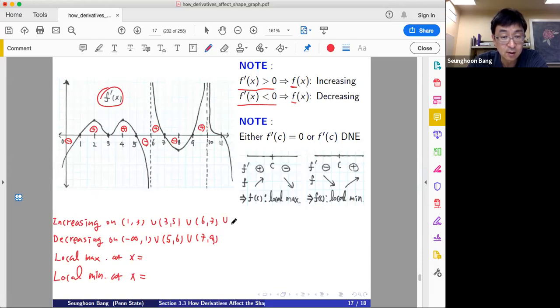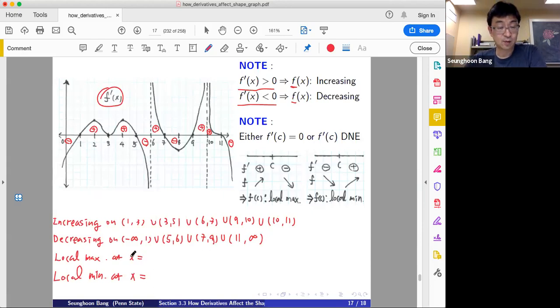From 10 to 11, also above the x-axis, positive, increasing. From 11 to infinity, below the x-axis, decreasing. So we have it, right?